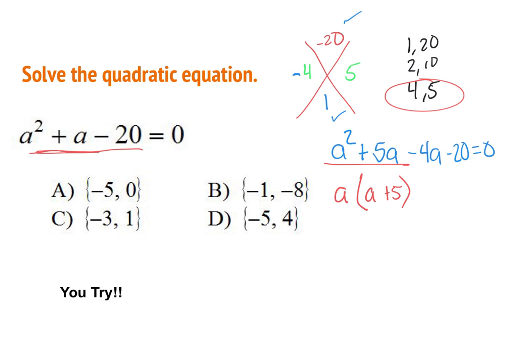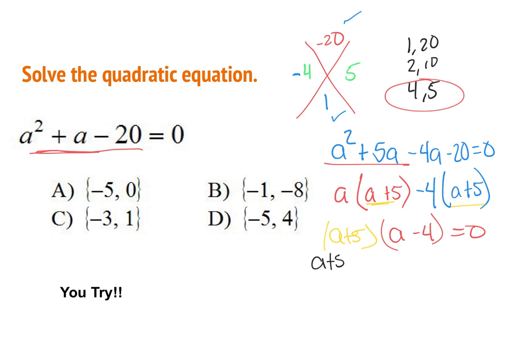I'm going to factor out a negative 4. A plus 5. So I am left with GCF of a plus 5 and a minus 4. I bring down my equals 0, and now I solve.